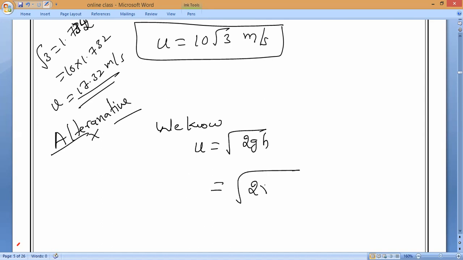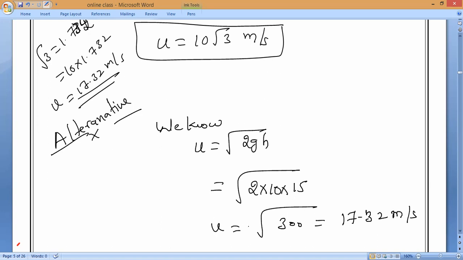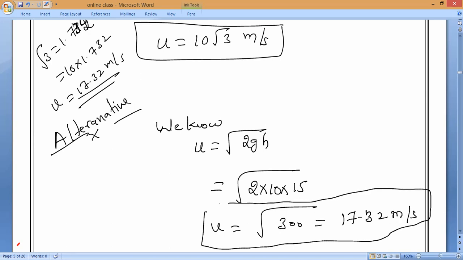So directly you can put 2 into 10 into height 15, which is root of 300, which is 17.32 meters per second. Is it okay, everybody? Clear?